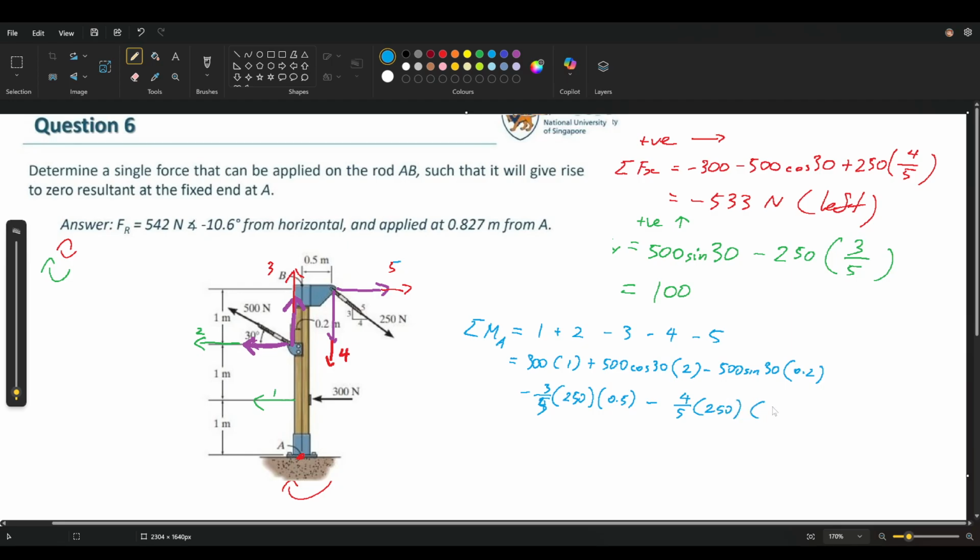Distance of 1 plus 1 plus 1, give me 3. Alright, my moment should be, let me just go ahead and calculate. Did I put minus? Oh yeah, I did, okay.